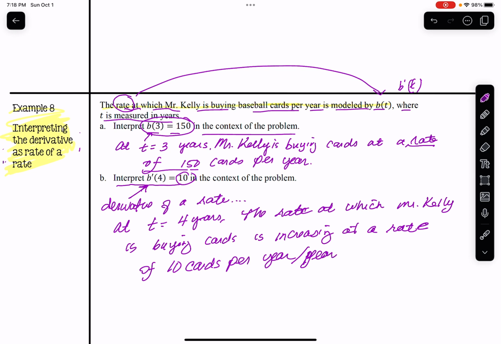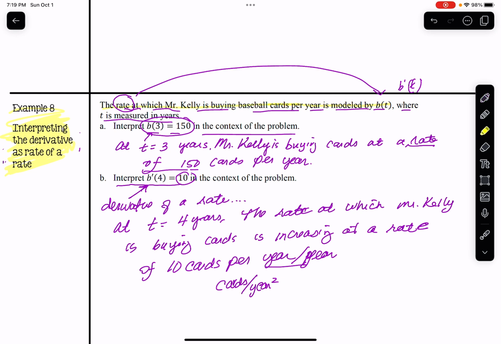Or you can say cards per year squared. A lot of times, though, it's per year. It doesn't really matter because you can definitely have years squared, but it kind of makes more sense to say per year. Maybe to you. It does to me.